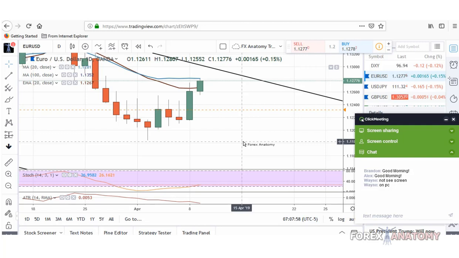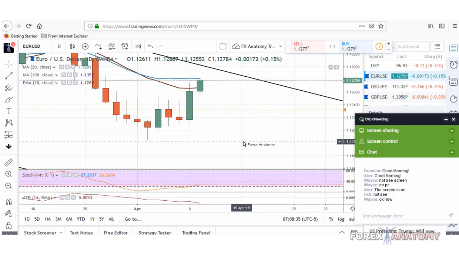Does anyone else have the same problem as far as not seeing the screen? Just let us know. Okay, so I know you said you're on the PC. Yeah, you should be seeing the screen. Okay, Alex said the screen is on. Maybe it could be an issue with your computer or PC. What I would do is log off and then log back on again.